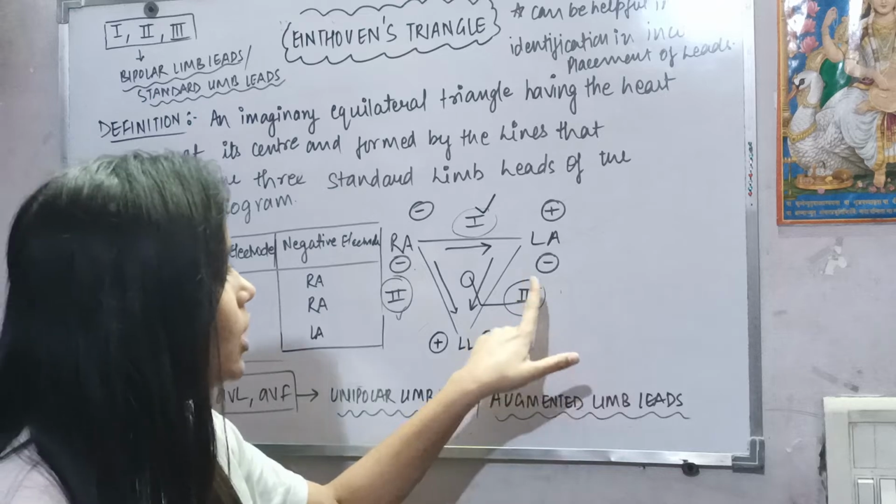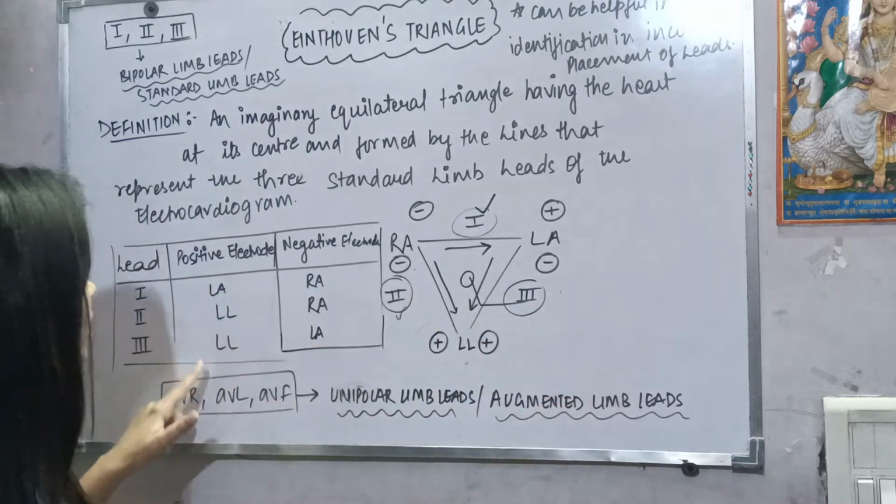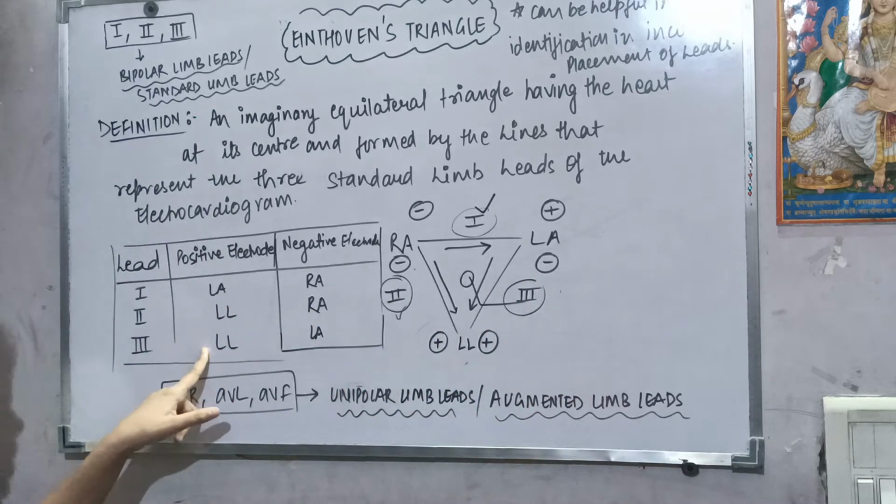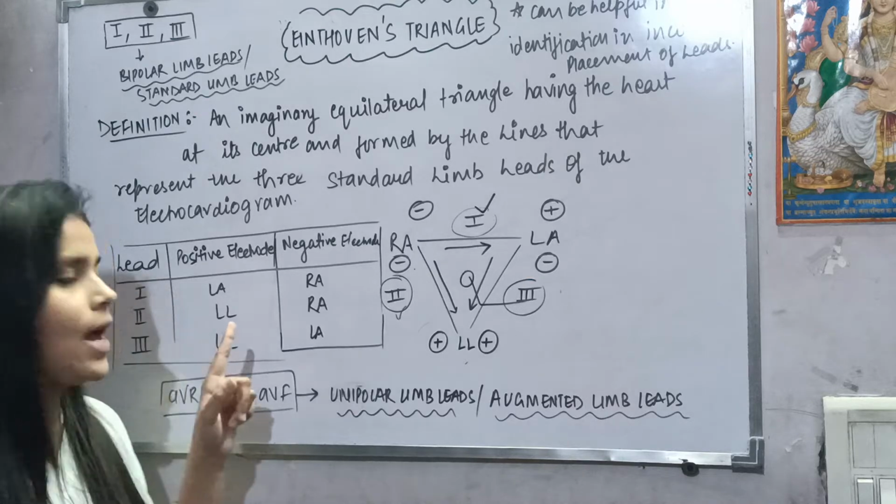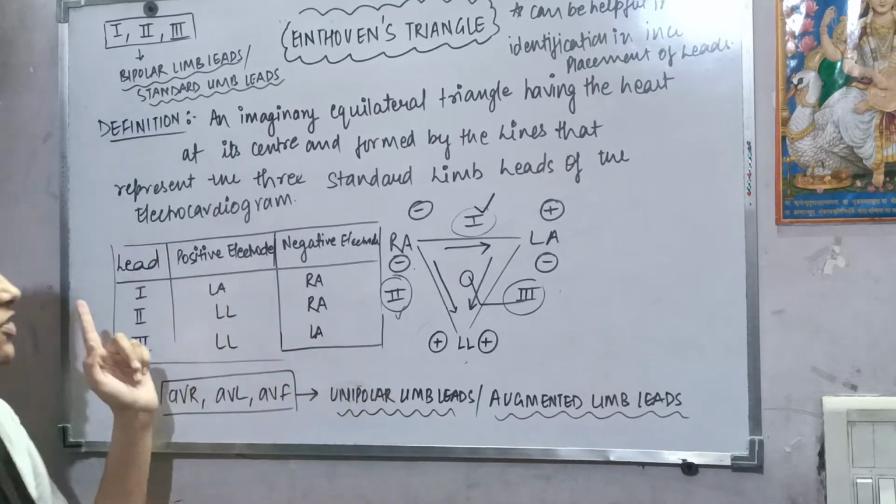Similarly, the third lead represents the voltage difference between the left leg and left arm. This table is very important.